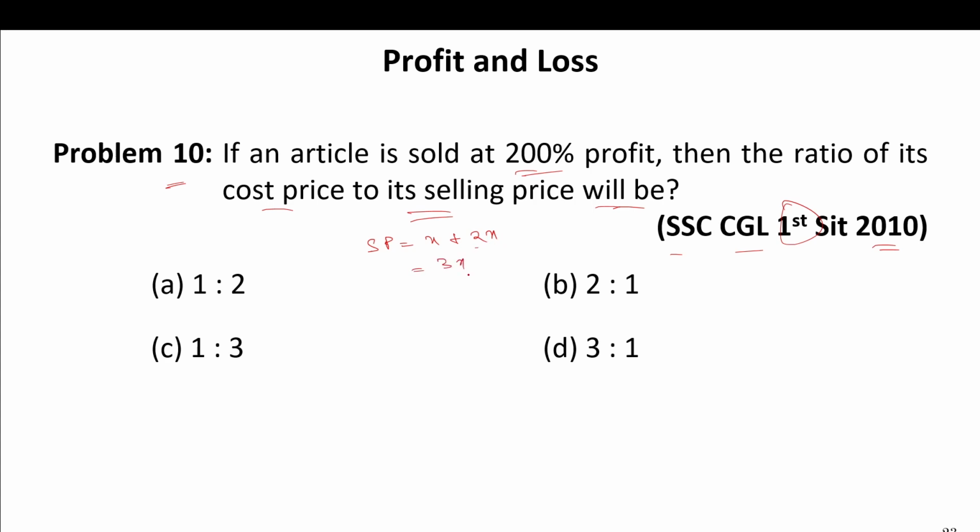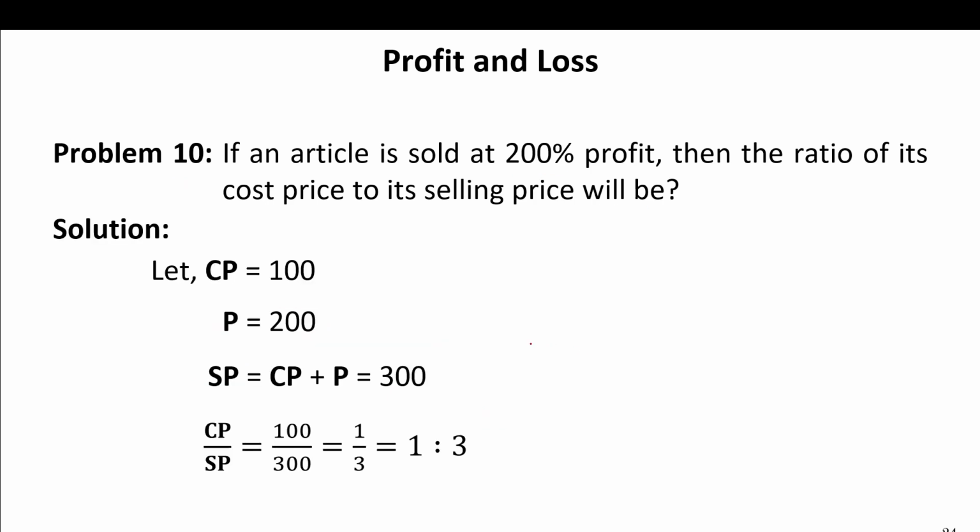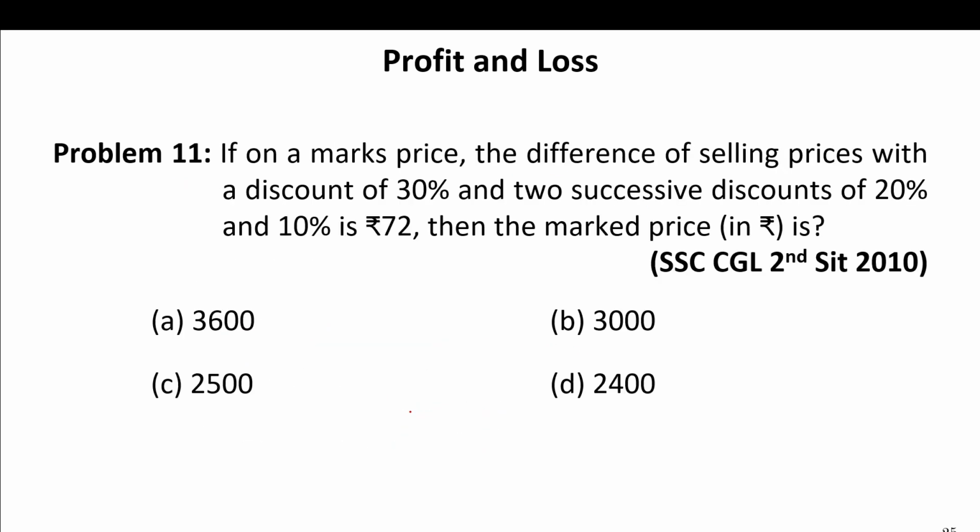So SP is equal to 3X. Okay, so CP is to SP is equal to X is to 3X. By simplifying further, it gives us 1:3. So 1:3, that is option number C, the correct one here. These are all wrong answers: A, B and D. Okay, so 1:3 is the correct answer here.